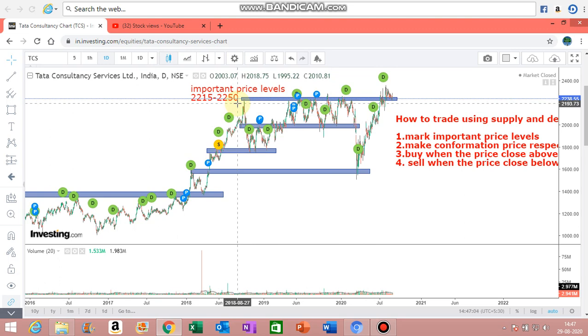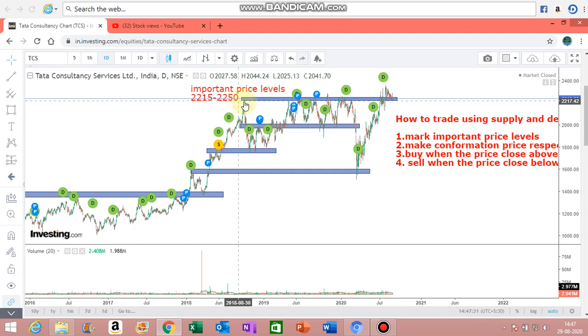Why am I marking this as an important price level? If you see, there are several touches, like 1, 2, 3, 4, 5, 6, 7. So there are nearly 7 times the price has tested those price levels, which is 2200 to 2250. So that is an important price level.